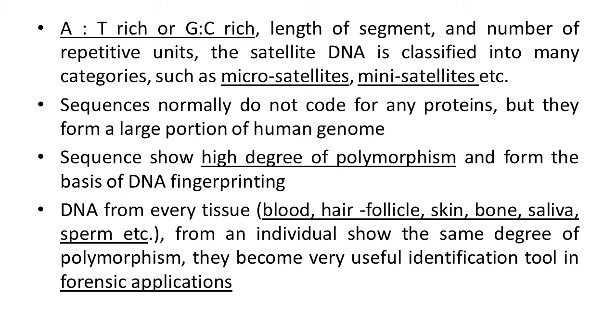DNA from every tissue. As we know, at the time of any crime detection or any dispute, this DNA test is performed, and this DNA is collected from the site of crime from various tissues available at that time. It may be blood, hair follicle, sometimes skin, sometimes bone, saliva, sperm, or any other cell or tissue of the human body from an individual, and it shows the same degree of polymorphism.